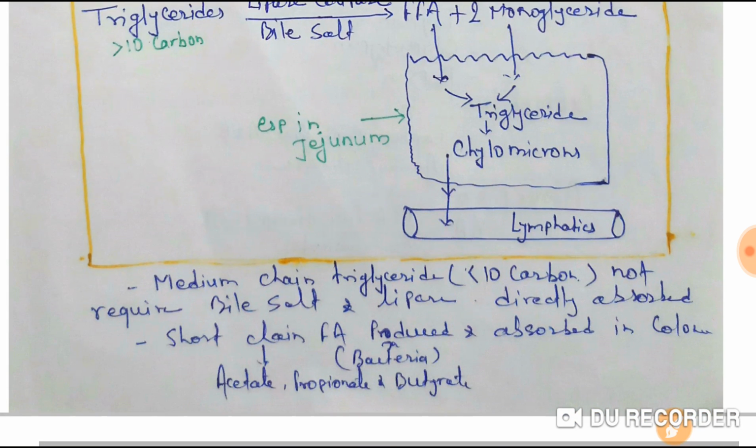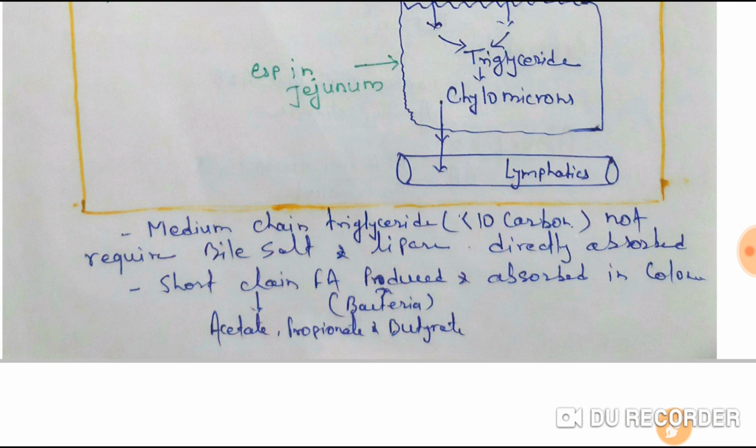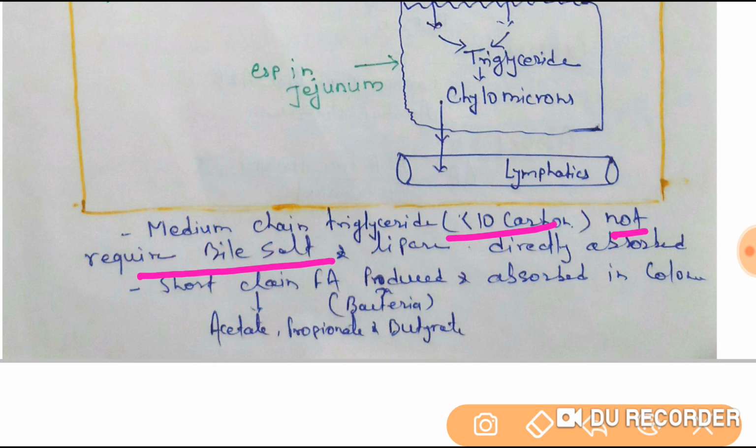Next is the medium chain triglyceride. Medium chain triglyceride means fat with less than 10 carbon, and it does not require bile salt and lipase. So you have to remember all this digestion process for the fat.